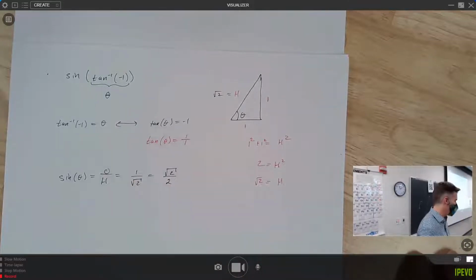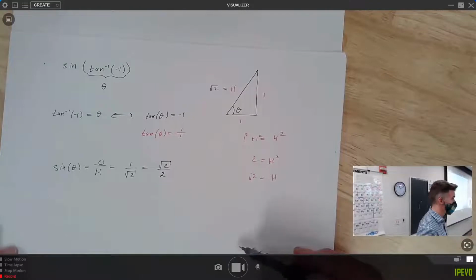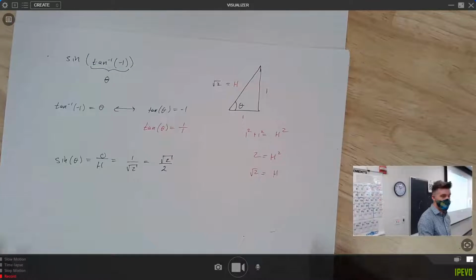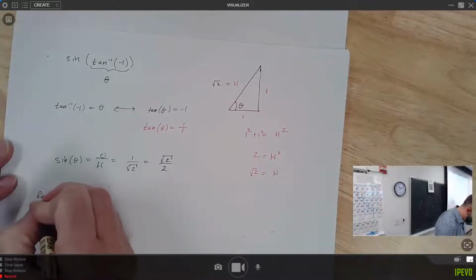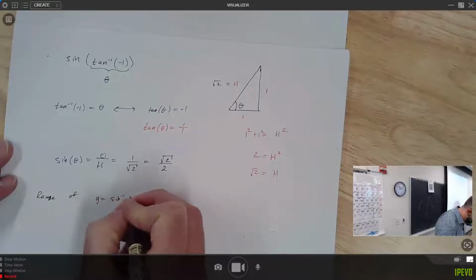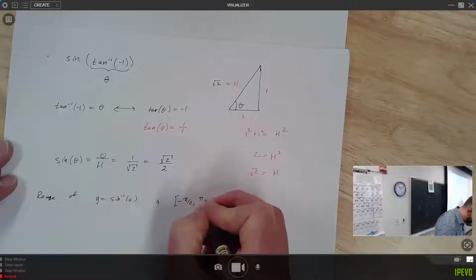But now I need to think about that negative that I was ignoring before. Inverse trig functions are kind of weird. You get values that are in one of 2 different quadrants typically. For inverse sine and inverse tangent, the values you get are in quadrant 4 or quadrant 1. So the range of y equal to the inverse sine of x is negative pi over 2 to pi over 2.